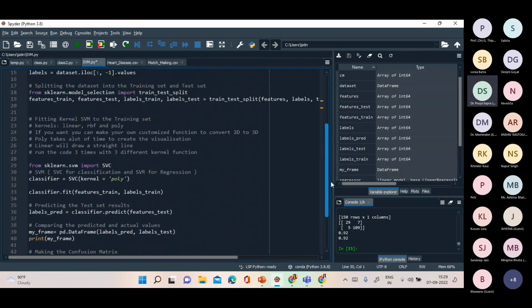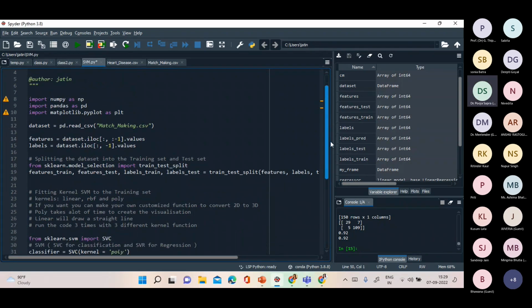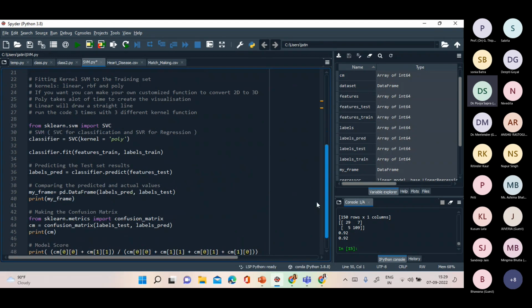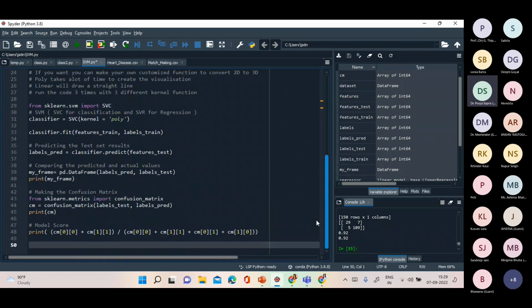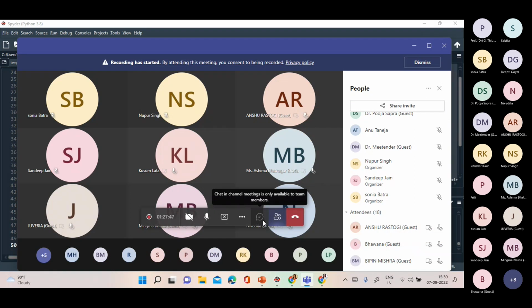So, any queries till now? Could we get how to implement these models? Supervised machine learning. Yes.